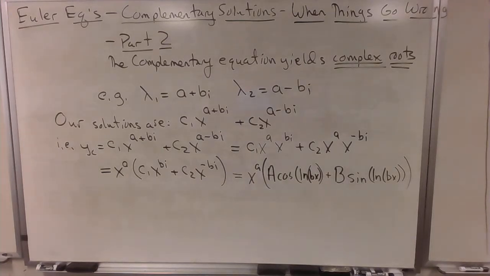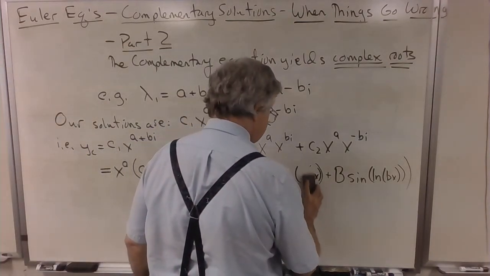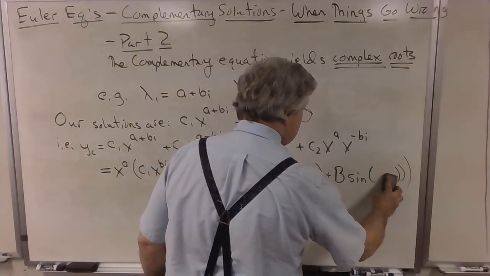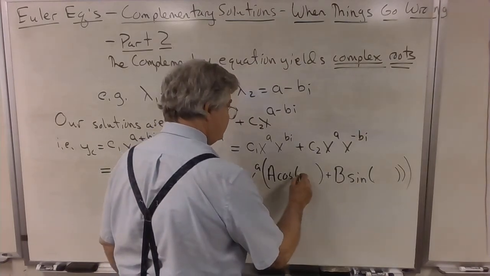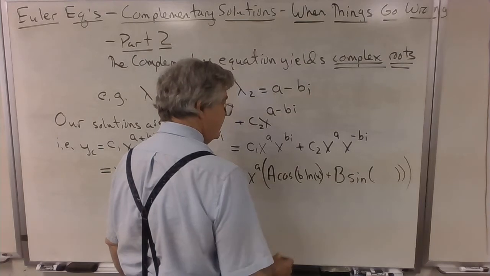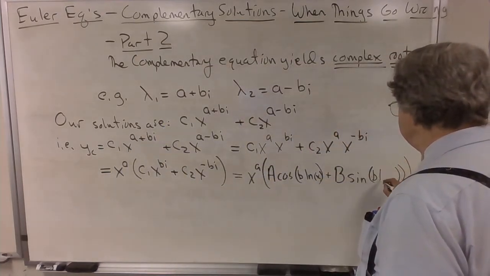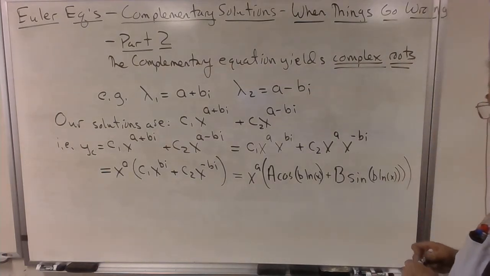No, it's not either. I'm sorry. Cosine of b natural log of x, that looks much better. Sine of b natural log of x, oh, that looks so much better.